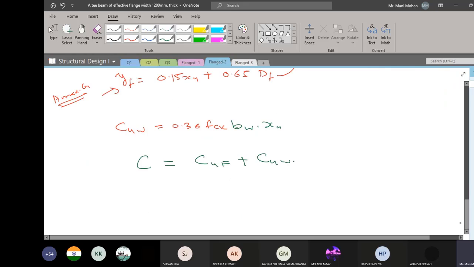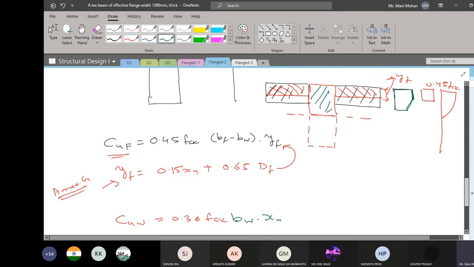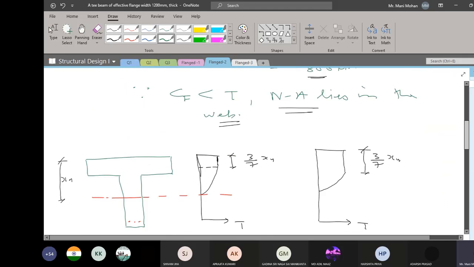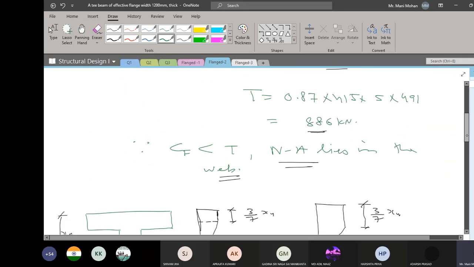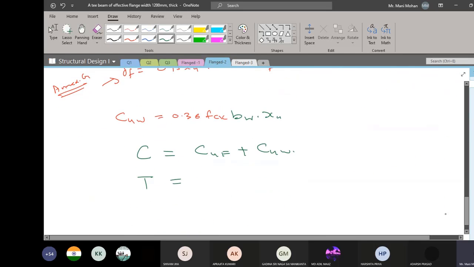And next is the tension force. The tension force is fixed; we had computed it, it is 886 kilonewton. But you have to be very careful with the unit, since this compression force is going to have the unit of Newton. So I would like to get the tension force also in terms of Newton.